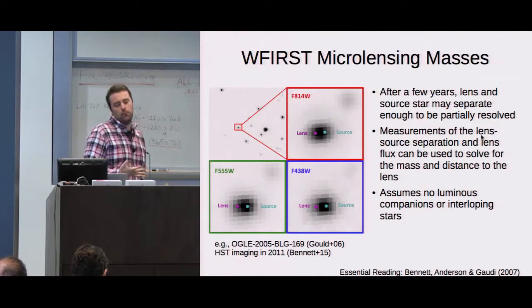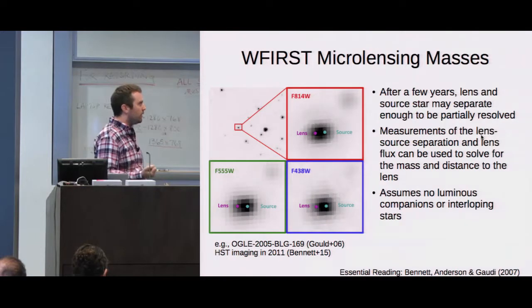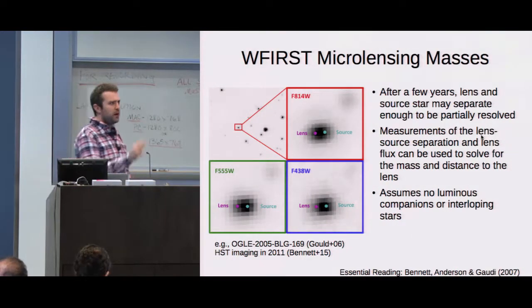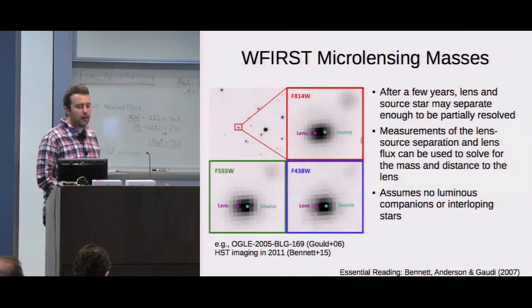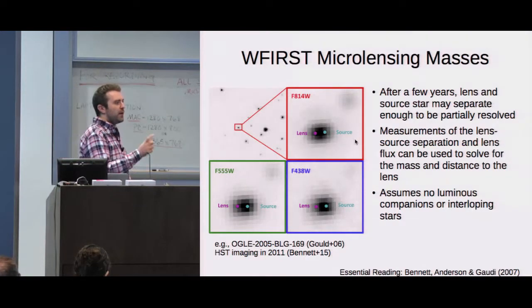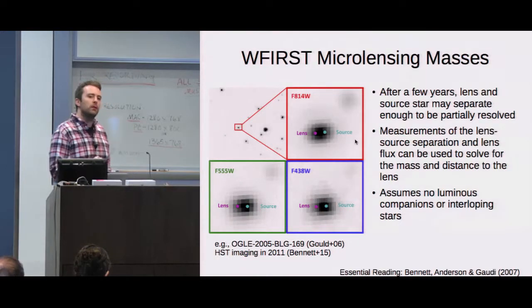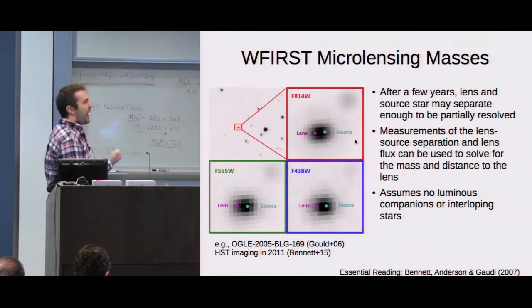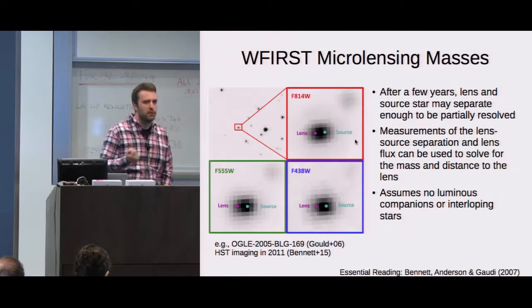So 0.16 arc second full width half max combined with the typical proper motions, 5 milliarc seconds, isn't enough to completely resolve the stars. But what you can do is start to see elongation in the PSF of the lensing event if the lens is luminous. And from that you can measure the angular Einstein ring radius, and you can measure the flux of the lens star.